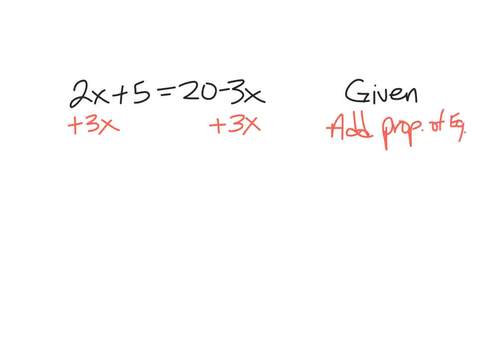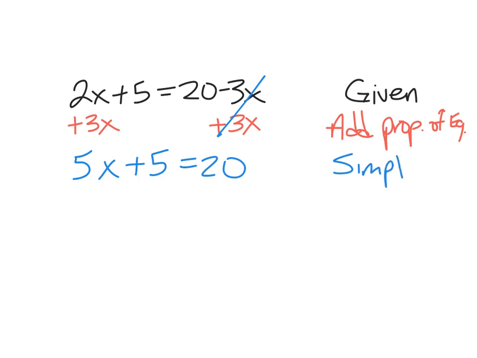I'm okay if you want to abbreviate things. I'll know what you're talking about. After we move that over here, this cancels, and I have to add these, and I get 5x plus 5 equals 20. All I'm doing here is simplifying because I combined that 3 and 2.